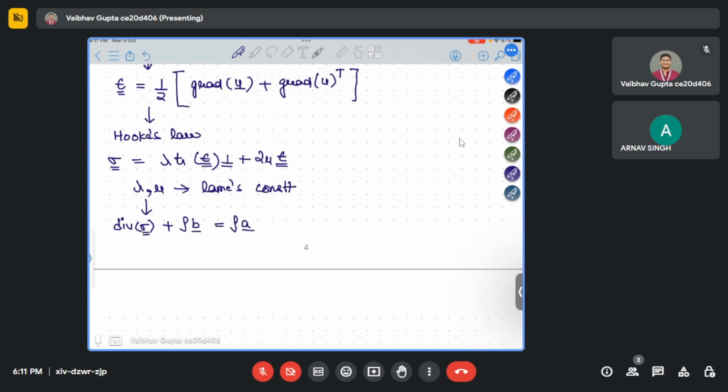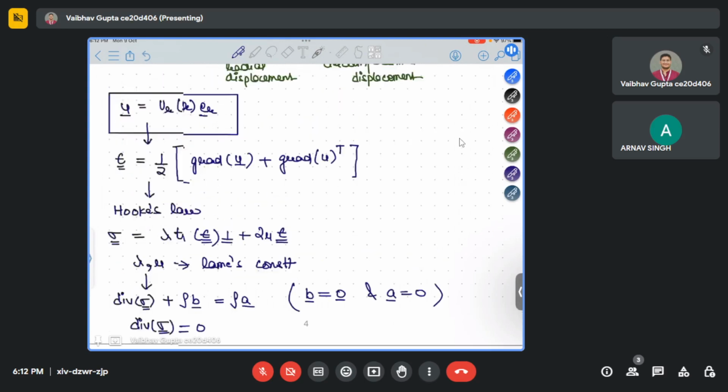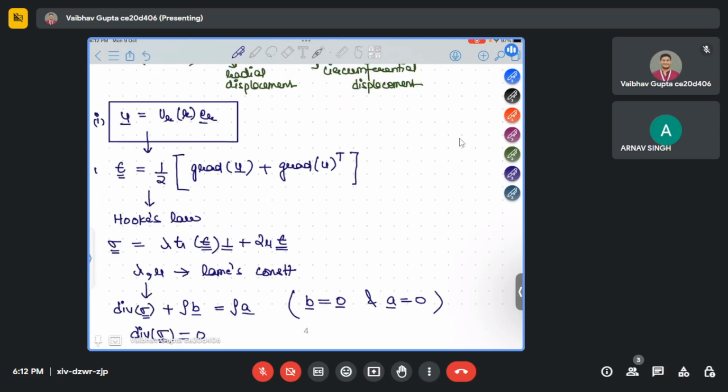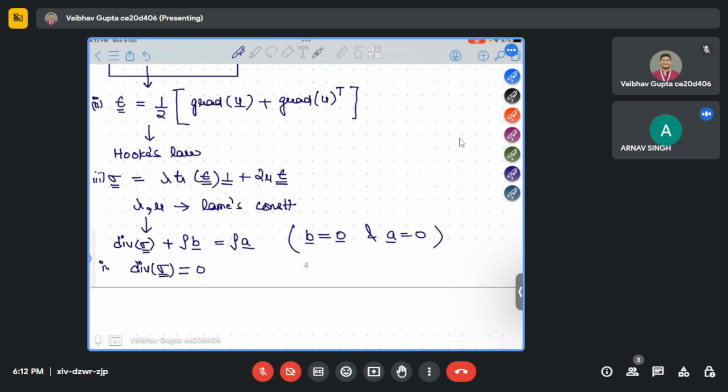In our case, we assume body forces to be 0 and acceleration to be 0. We are assuming the body to be static, not dynamic. Hence, divergence of sigma will become 0. So this is the first step, this is the second step, this is the third step, and this is the fourth step. Understood till now?